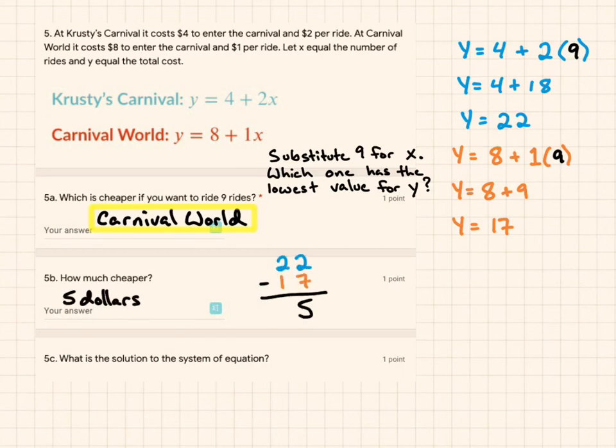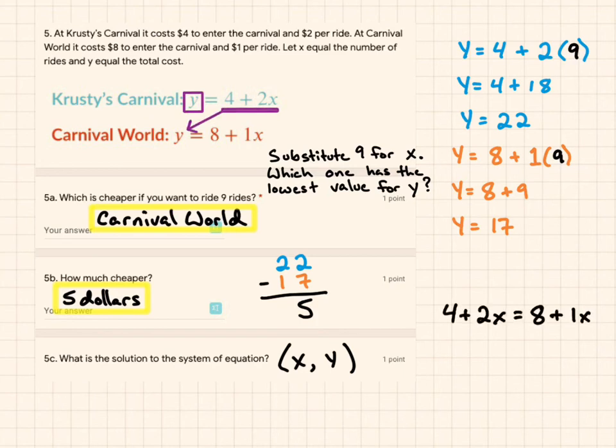That's $5 cheaper. The solution to the system of equations is looking for the x comma y that satisfies both equations. And I see that substitution would be the easiest way to solve this. I can set them equal to each other. And I end up with 4 plus 2x equals 8 plus 1x.